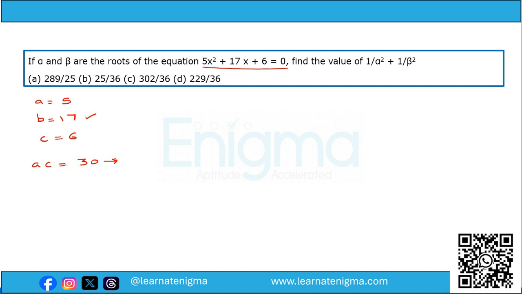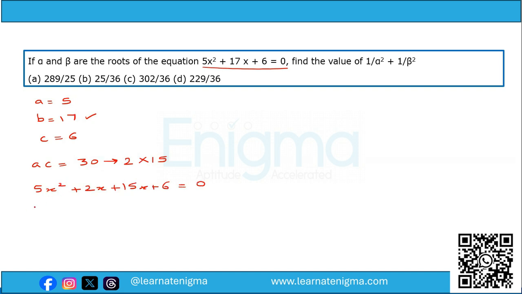And the only way of doing this is by splitting it up as 2 × 15. So we split the middle term as 2 and 15. So we have 5x² + 2x + 15x + 6 = 0.